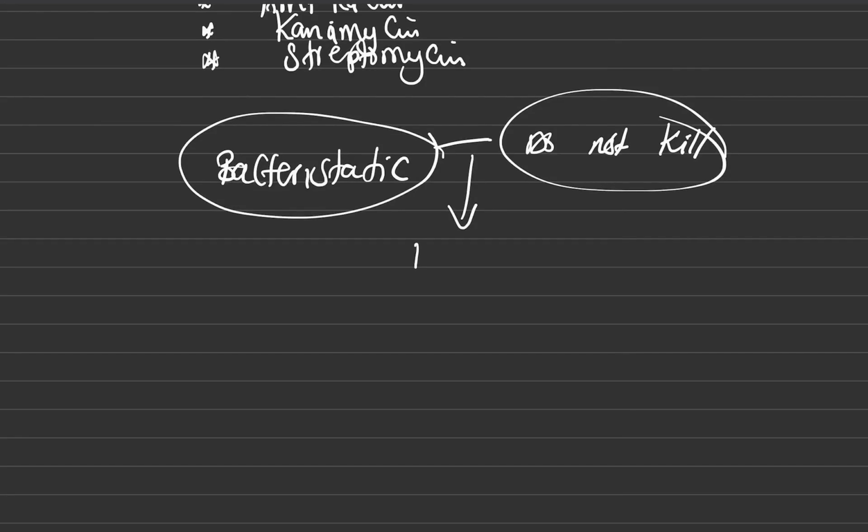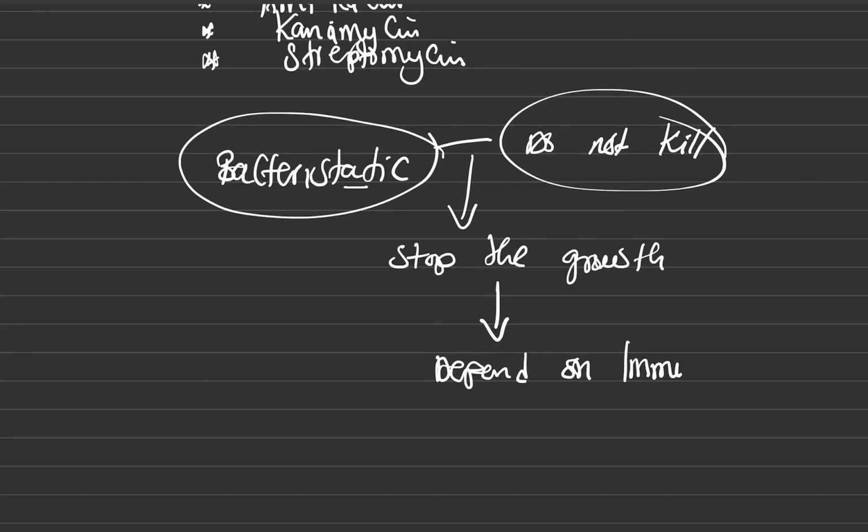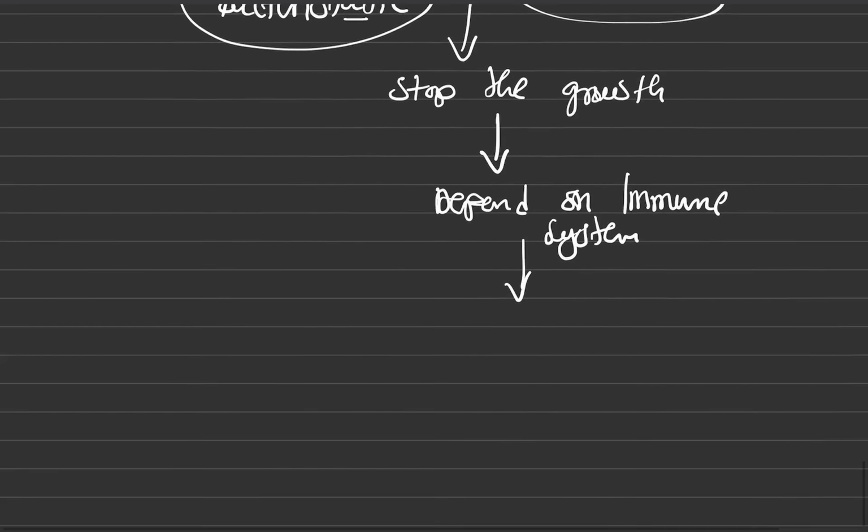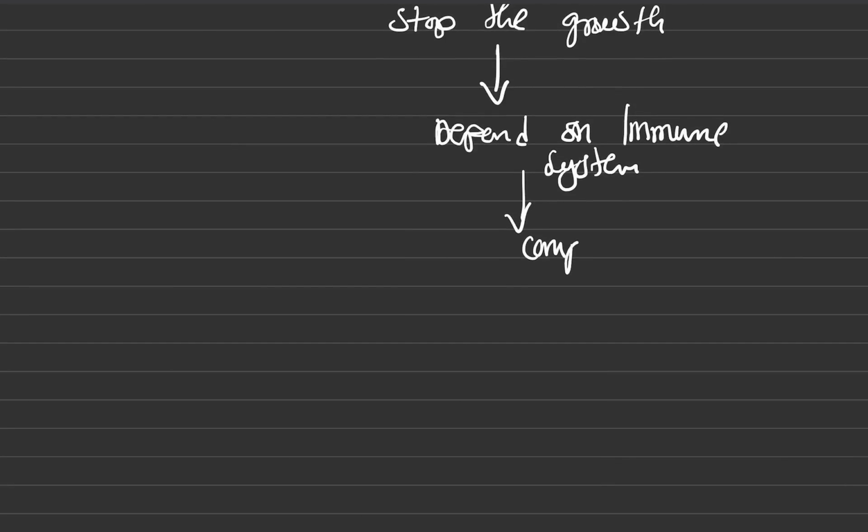Static means stop, so they simply stop the growth of a microorganism, and therefore they depend on the immune system to clear the bacteria. So we cannot use them in a patient with a compromised immune system, nor can we use them for very serious infections.